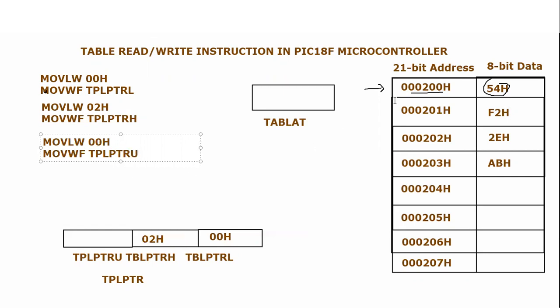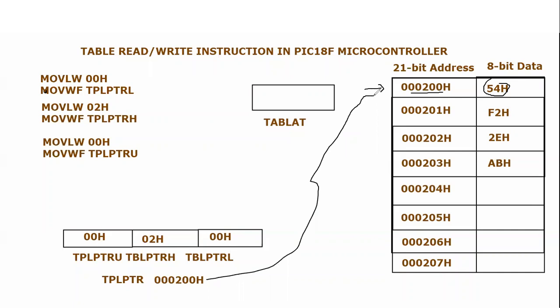So what is going to happen? These upper two hexadecimal symbols will be stored over here, 00 hex. So if you combine these three registers, the table pointer content is basically 000200 hex. This is the same address we wanted to point to with the table pointer register.